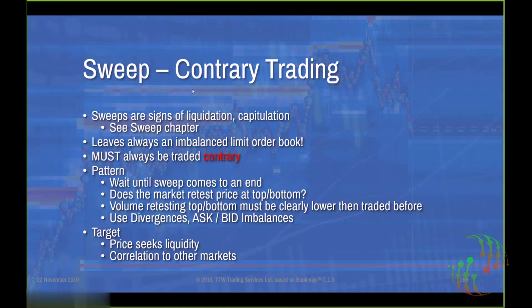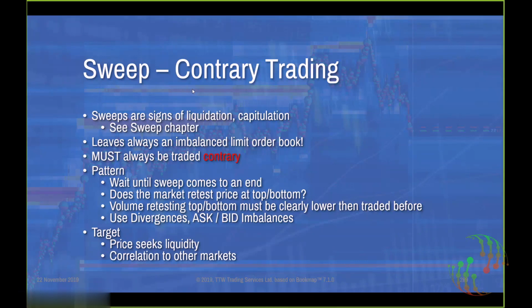Sweeps are signs of liquidation and capitulation. See the sweep chapter. Go back to the sweep chapter and to yesterday's recording again if you need to. It's interesting to understand first of all what sweeps are, how they behave, what the matching engine is doing normally, and how we can work with them.